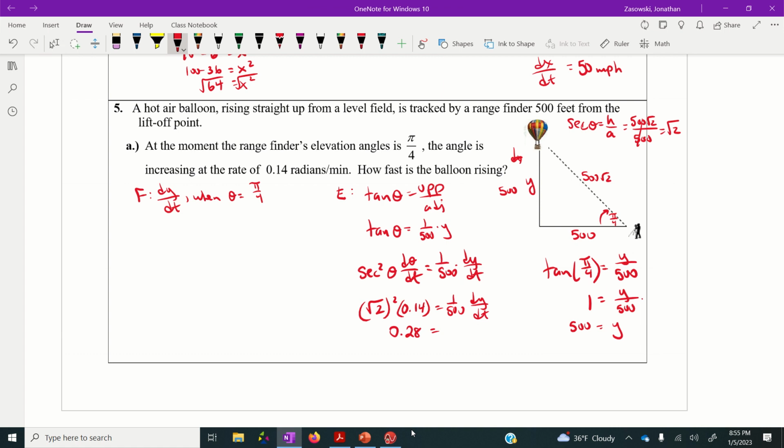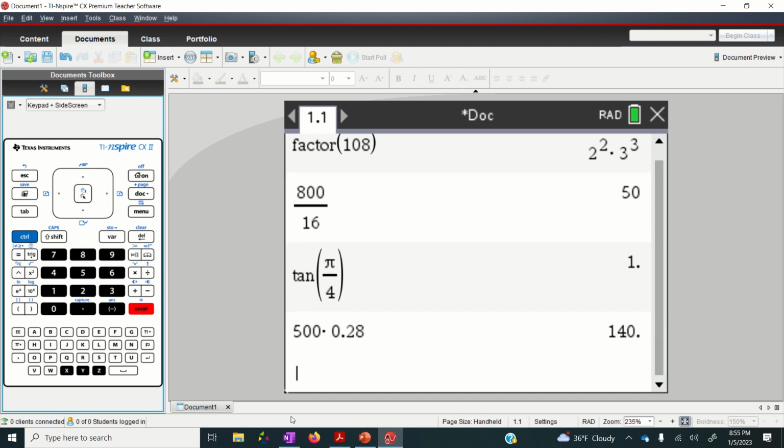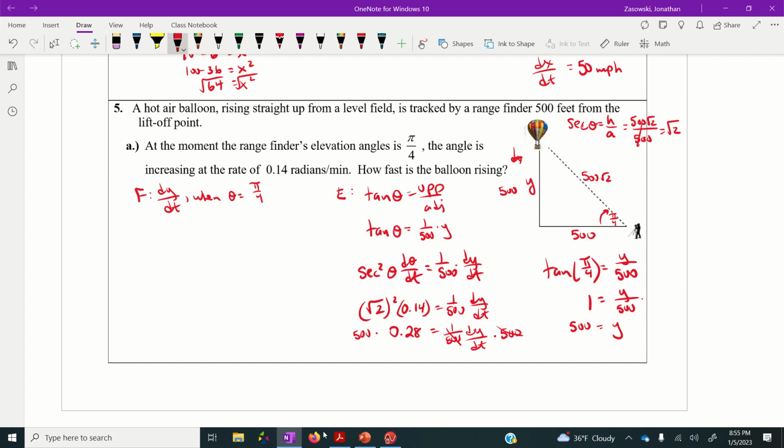And that's equal to 1 over 500 dy/dt. So we can just multiply both sides by 500 to get rid of the 1 over 500. And then 500 times 0.28 is 140. And so we're going to get a final answer here of 140. And remember, this is a rate, okay? And we're doing the rate of increase. So we're going feet, okay?